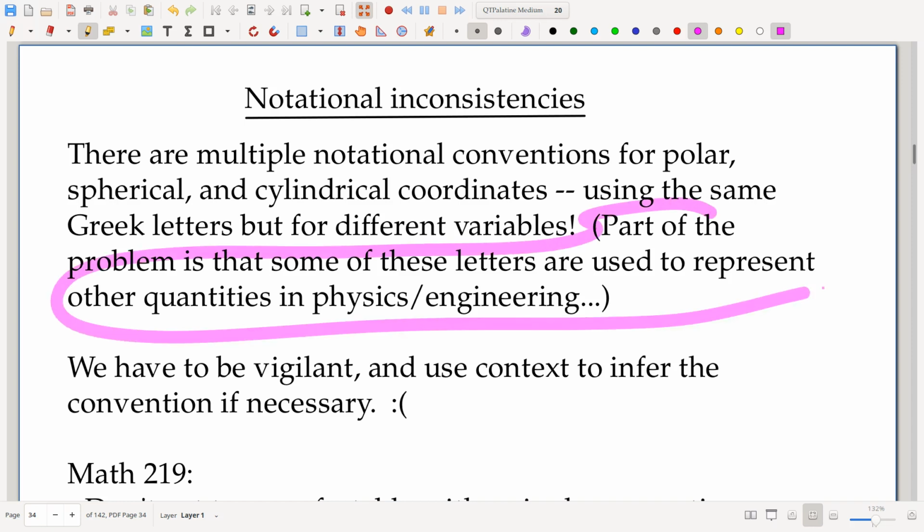Part of the problem is that, for example, the letter rho that we use for the radial distance coordinate in spherical is also used for charge density when you're doing electricity and magnetism. It's very standard.